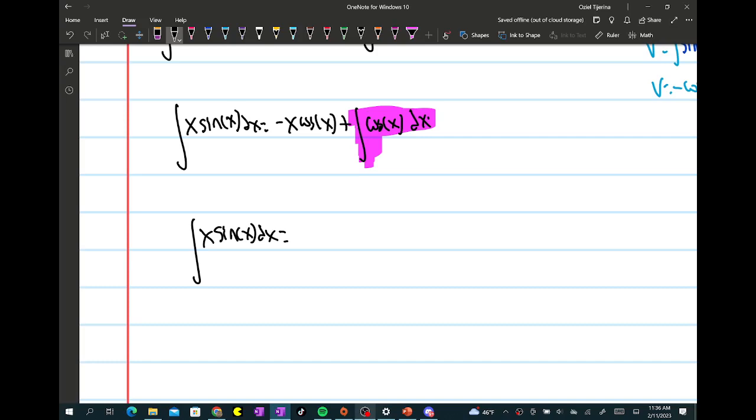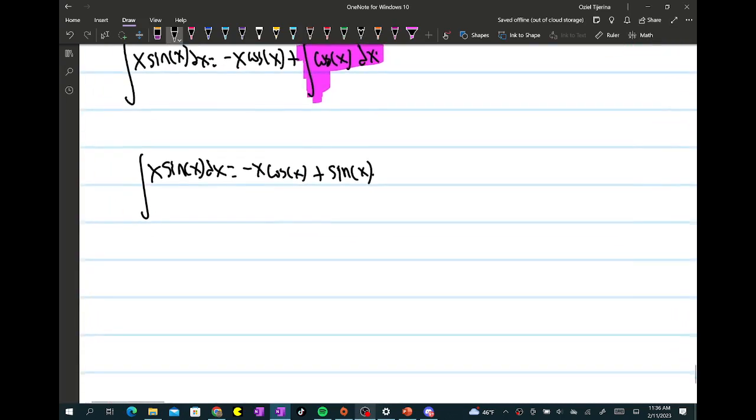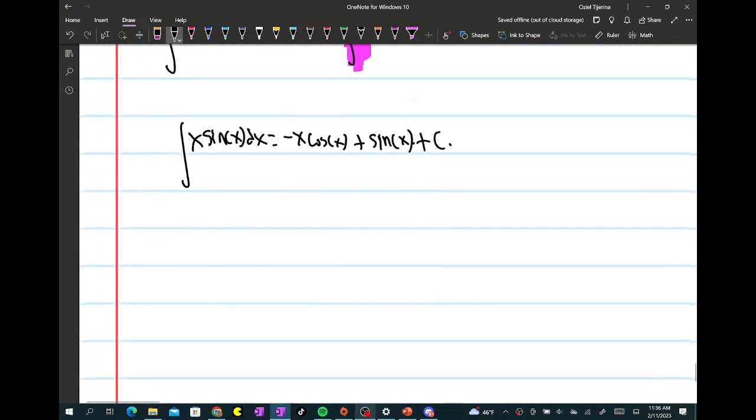So we have negative x cosine of x, plus the integral of cosine of x, which is sine of x, and then plus our constant of integration, c.